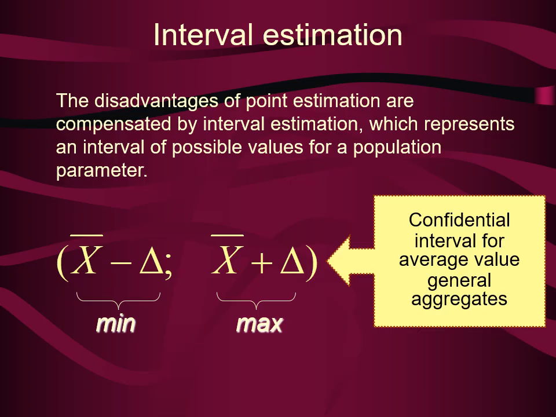And the average in this case with a dash is the sample average. In other words, to determine the width of the interval, you need to know what the sample average will be equal to, and you will need to know the size of this delta, that is, the defined width of the interval.